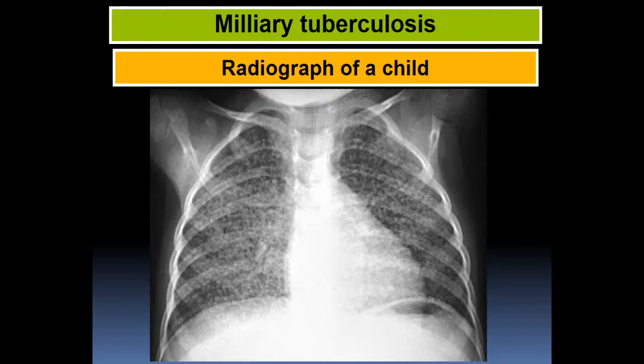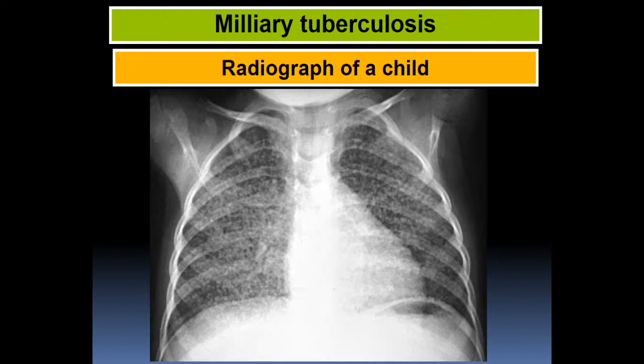So the main X-ray signs are typical for miliary TB. First, shadows small in size. Second, shadows the same in density, soft shadows.